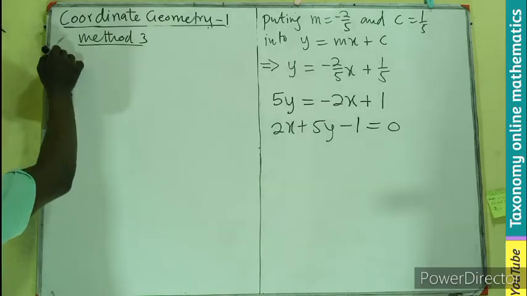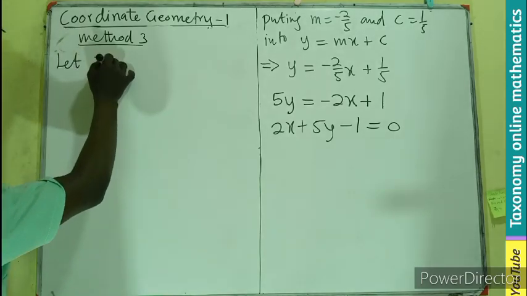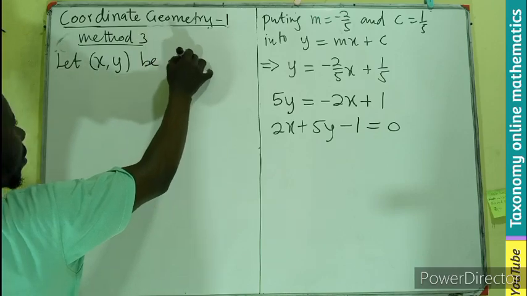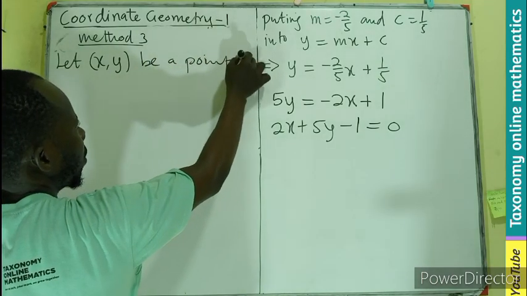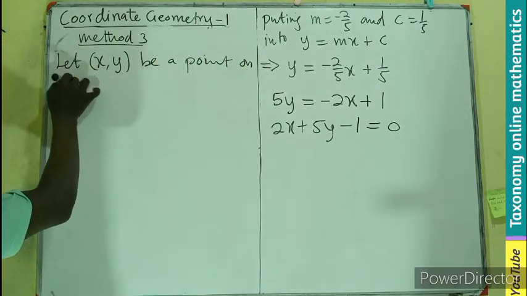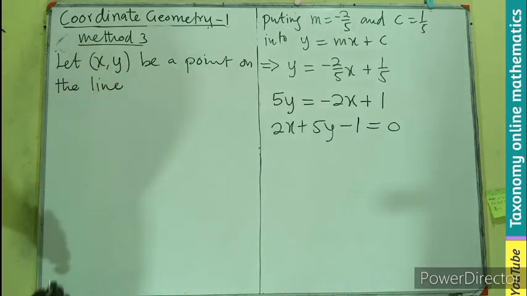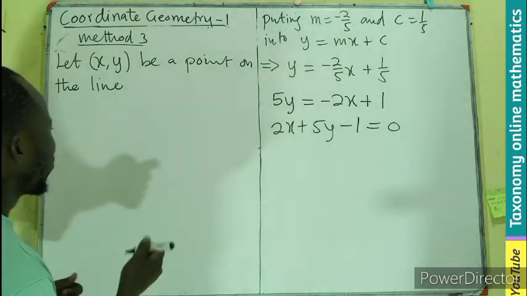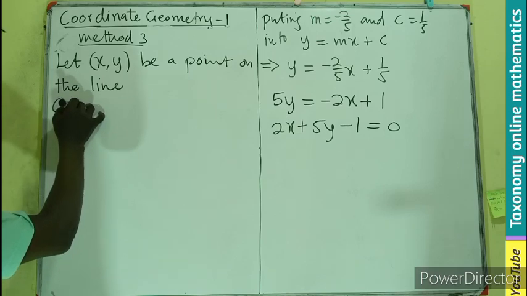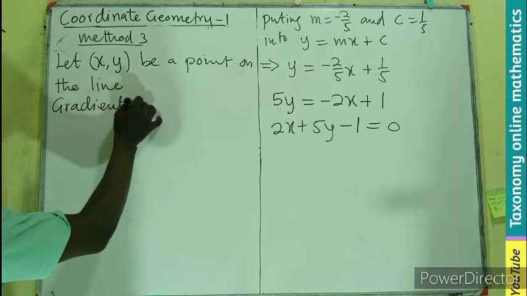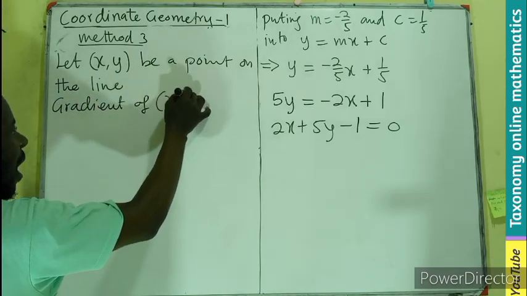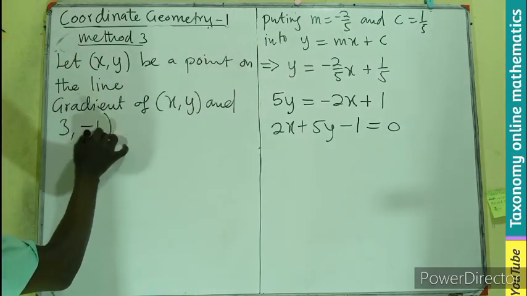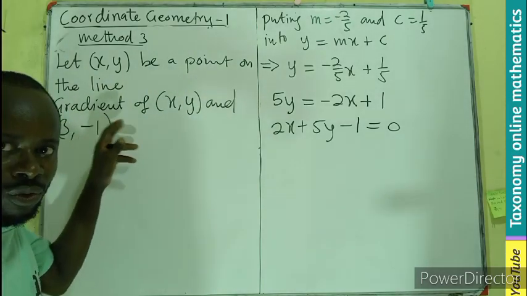We let x, y be a point on the line. So therefore, the gradient of xy and 3, minus 1. We know we can find a gradient between 2 points.